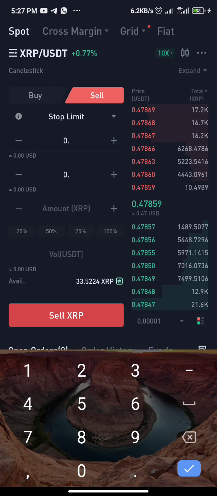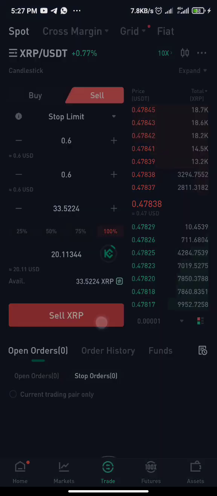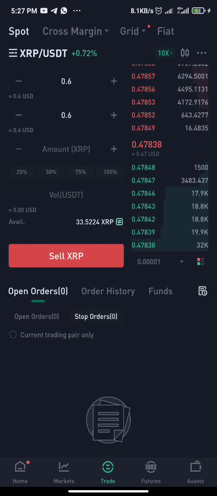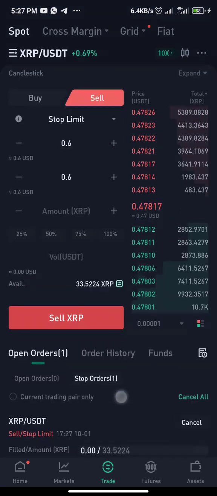When price gets to 0.6, let me take profit, 100%, then sell. It's going to automatically pend here also, so that whenever the price gets to 0.6, even when you're not in the market, it's going to sell your coin back to USDT, because I'm using a USDT pair.